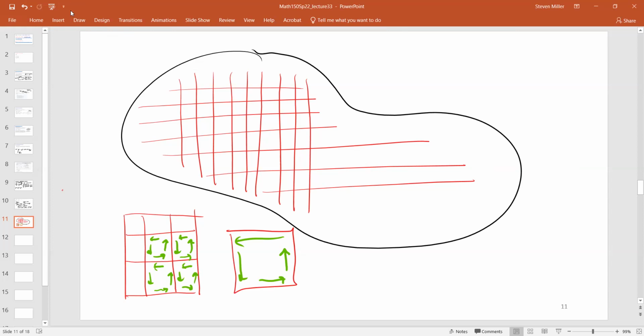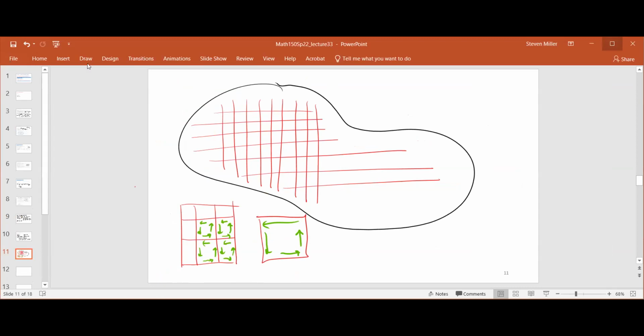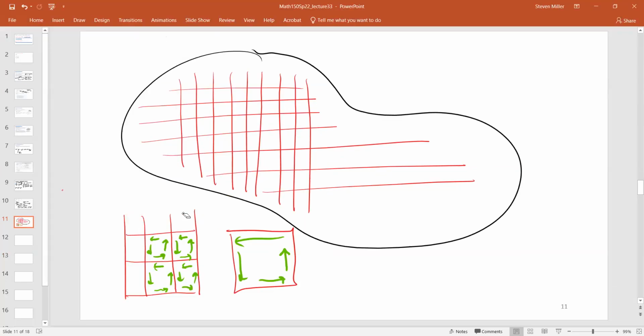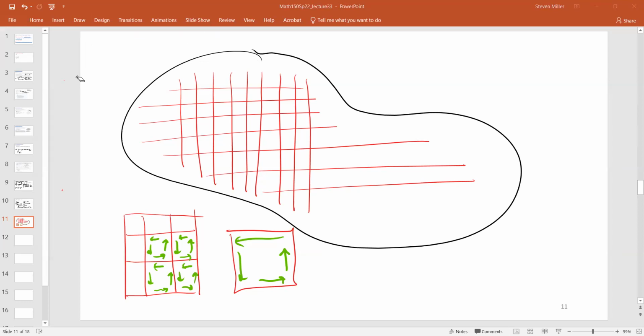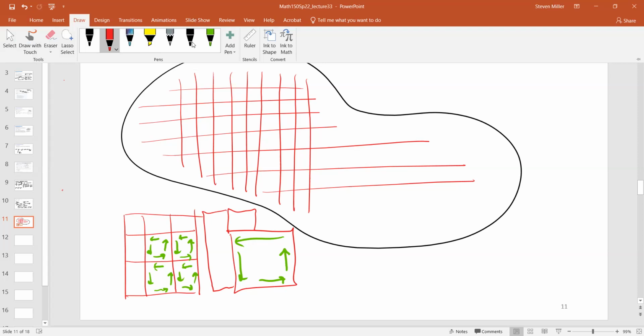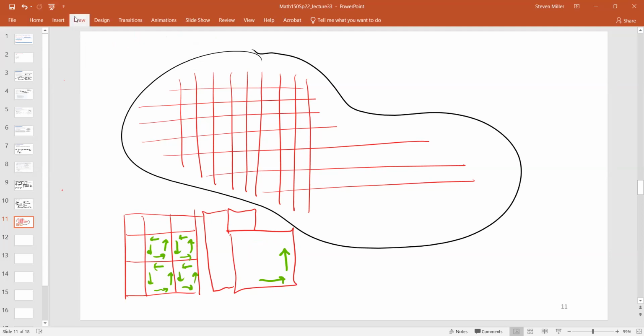If I didn't have the square over here, so if I get rid of that square over there, if I were to keep playing this game, it would now look like this.